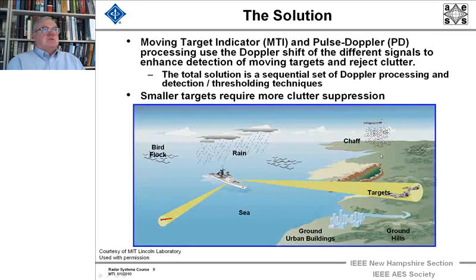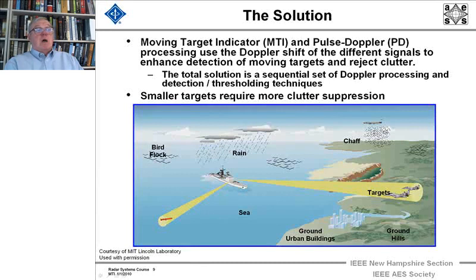Now, the solution to get rid of all these problems is moving target indicator, MTI, and pulse Doppler processing, using the Doppler shift of the different signals from the targets to enhance detection of moving targets and reject clutter. The total solution is a sequential set of Doppler processing and detection/thresholding techniques.